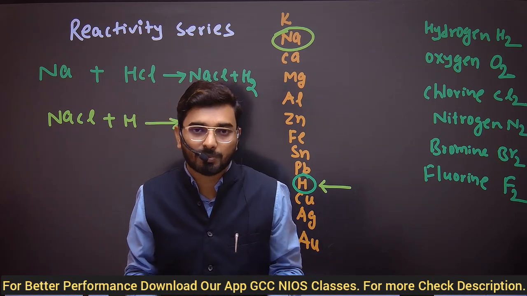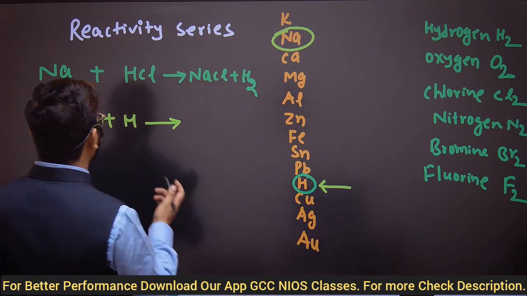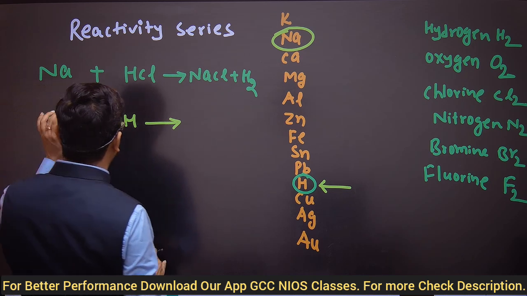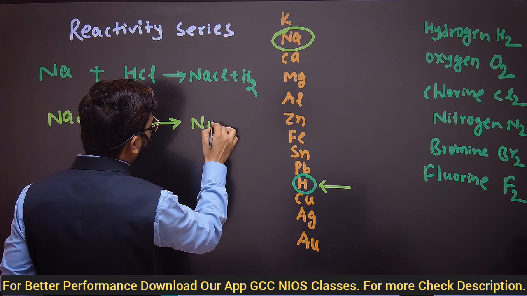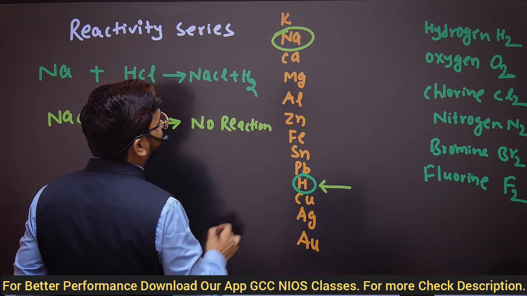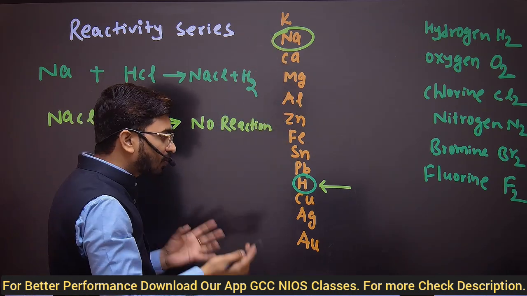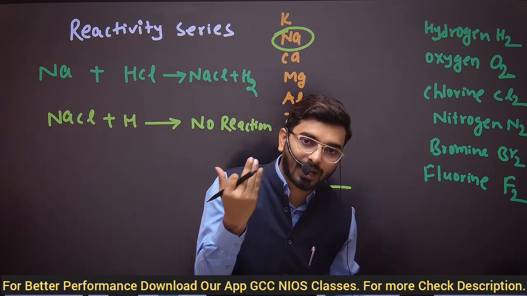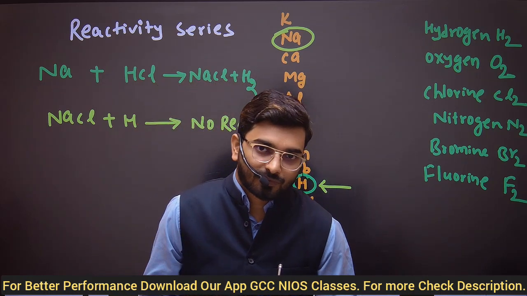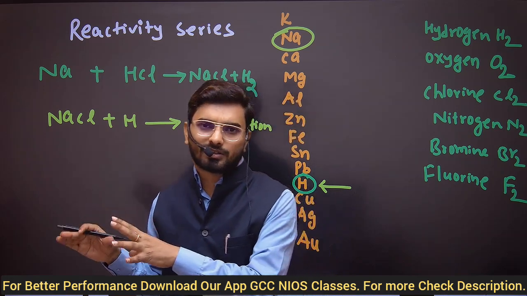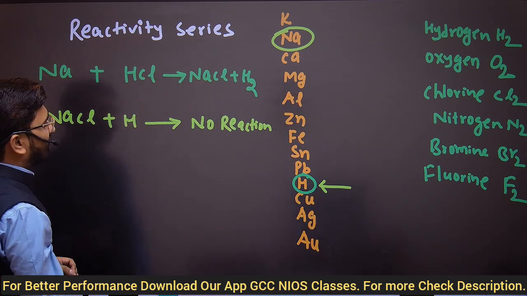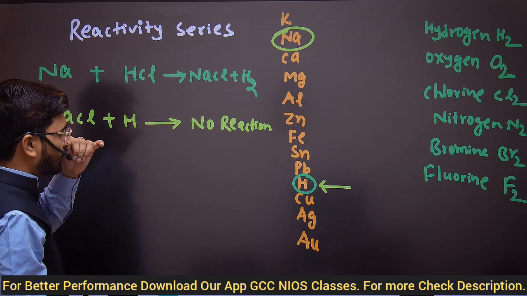It's the reactivity power. So here hydrogen can never displace chlorine, and there will be no reaction. So it's very important to learn this series so that in future, when we write the product of any chemical reaction, it shouldn't be wrong, right? So this is the reactivity series, whatever I told you about.